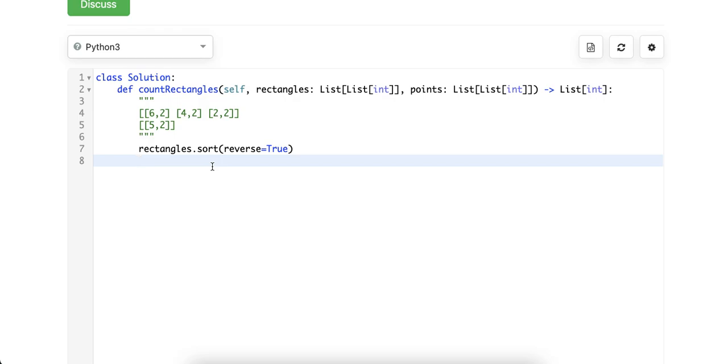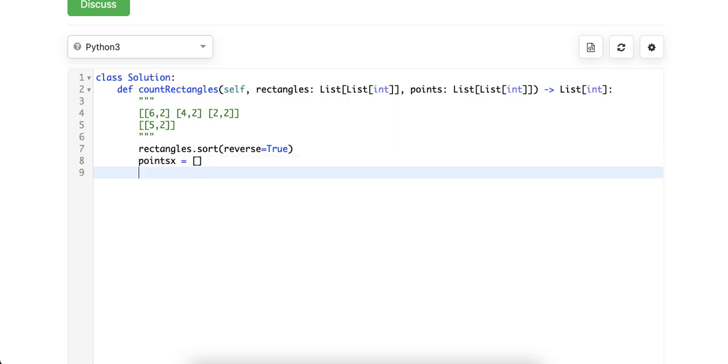But one tricky thing here is later on we need to return it in the correct order. We need to return the containment of the rectangles in correct order. So we actually have to create another variable, let's call it points_x, to hold the points and its original index. So basically we are going to do this.